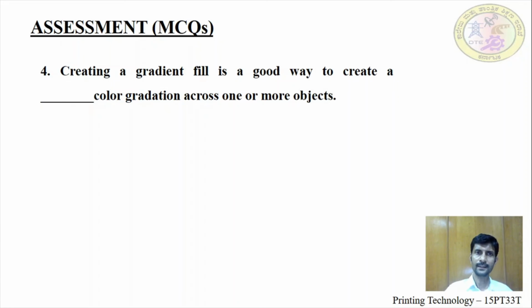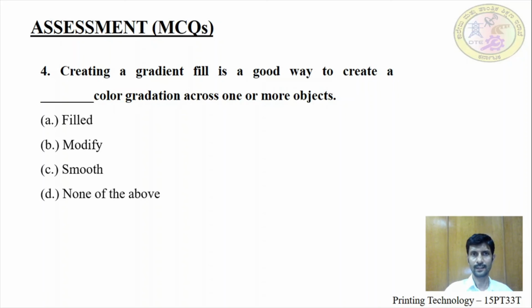Next, creating a gradient fill is a good way to create dash color gradations across one or more objects. The options are fill, modify, smooth, and none of the above. Always to create a good way, the question: dash color gradations across one or more objects.